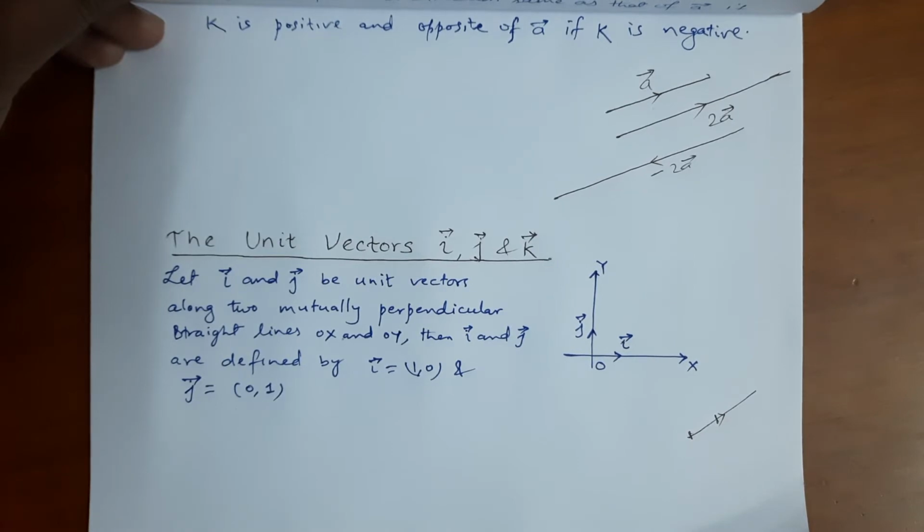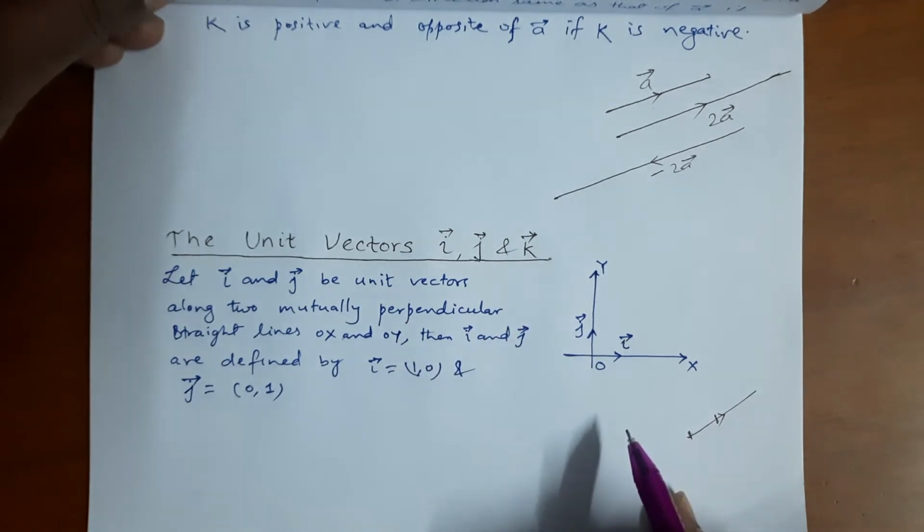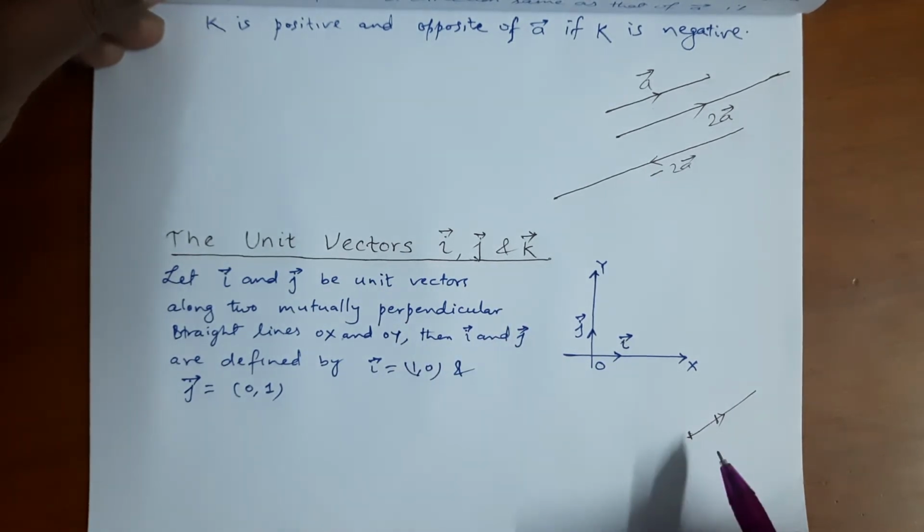And now, unit vectors I, J, and K in three-dimensional space.